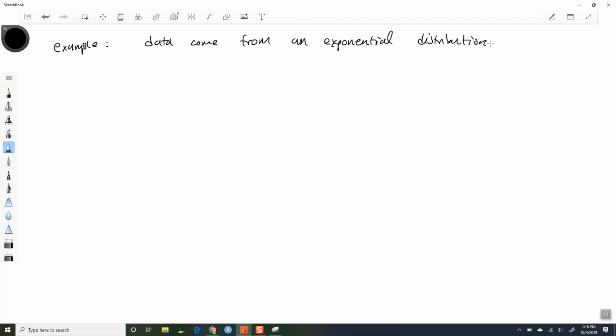When do we use an exponential distribution? The exponential distribution can be used to model waiting times, the amount of time between random events.